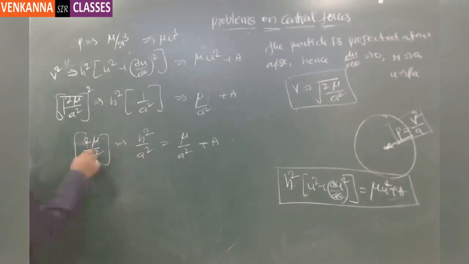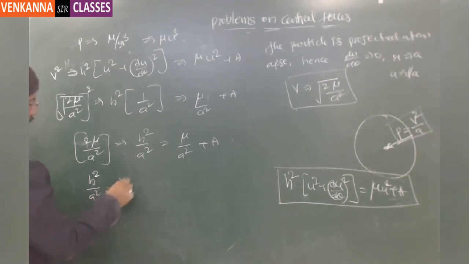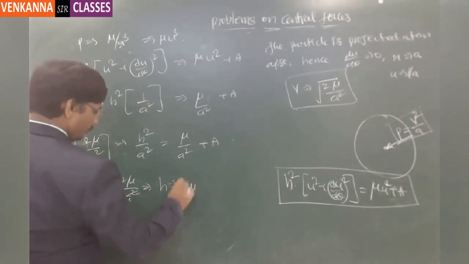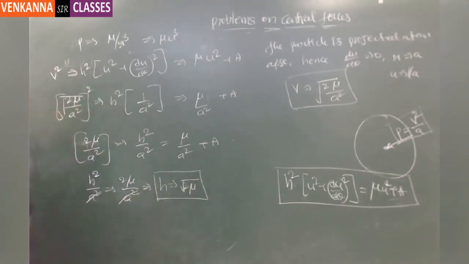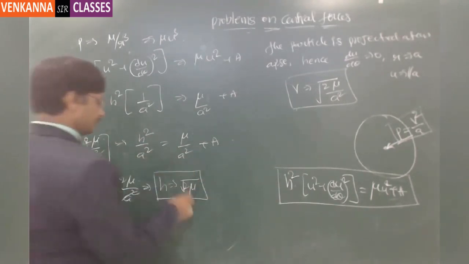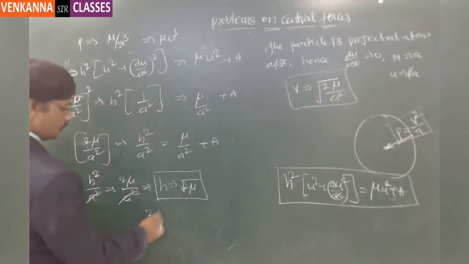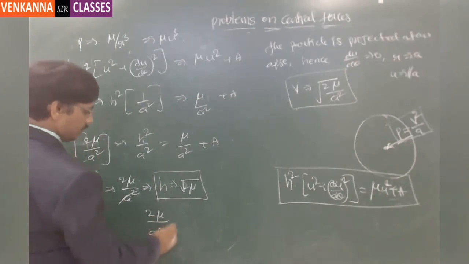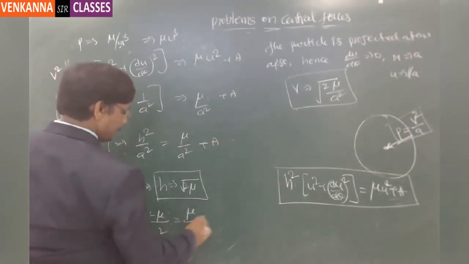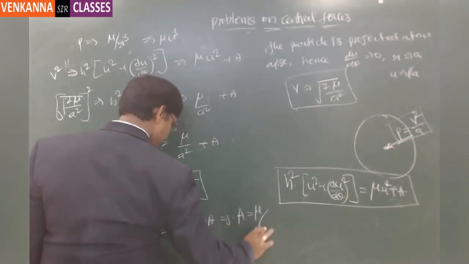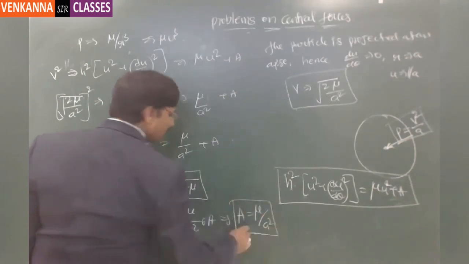So from this relation you can equate these two. h square by a square equal to 2 mu by a square. So from this h square is equal to 2 mu, or h is equal to 2 mu under root. So this is one relation we have got. And from the other relation, if you put 2 mu here, 2 mu divided by a square equal to mu by a square plus a, it implies a is equal to mu by a square. So this is the arbitrary constant value.